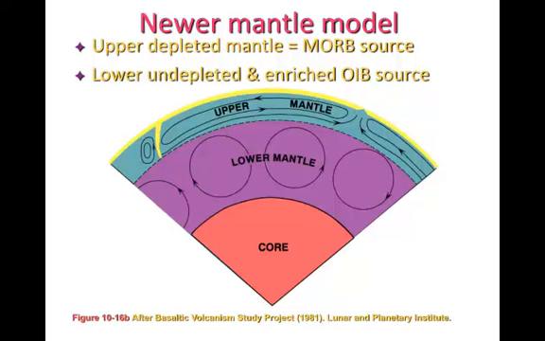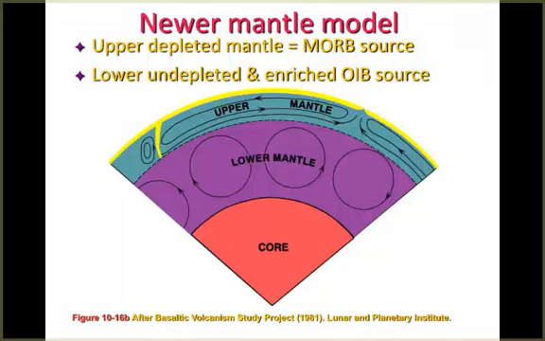Now, hotspots are thought to derive from the core mantle boundary. Down here, where the solid lower mantle is in contact with the very hot core, it generates plumes that rise up because they're more buoyant, and they can generate volcanism within a plate.